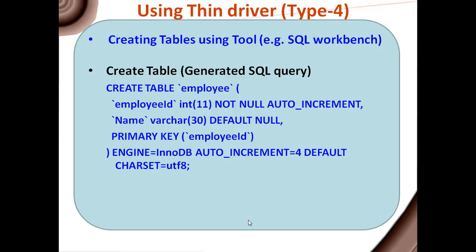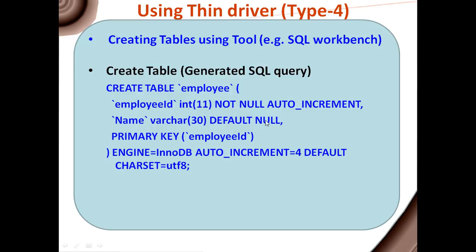This is the way a query will be generated. Say for example I want to create a table employee. I have created it using, say, SQL Workbench. Then this will be the query that will be generated. So it's a SQL query. You can see there is a create table, then the name of the table is employee, and the fields are: the primary key which is employee ID, which is auto increment, that means automatically it will increment, and is not null.